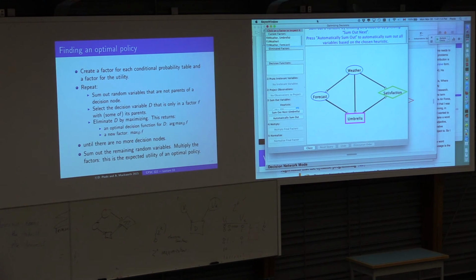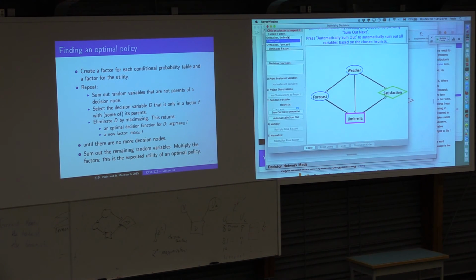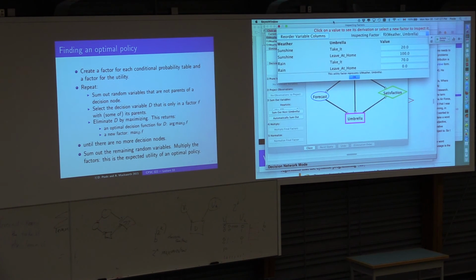When I maximize this, I'm going to find that umbrella isn't in a factor with all of its parents. It's in a factor with just one of its parents. In fact, forecast is irrelevant to us, because we get to observe the weather.